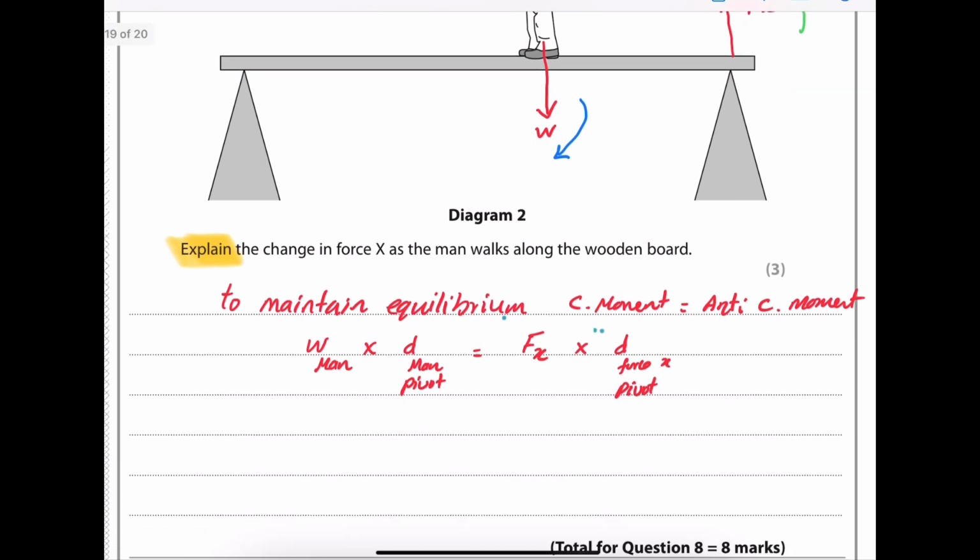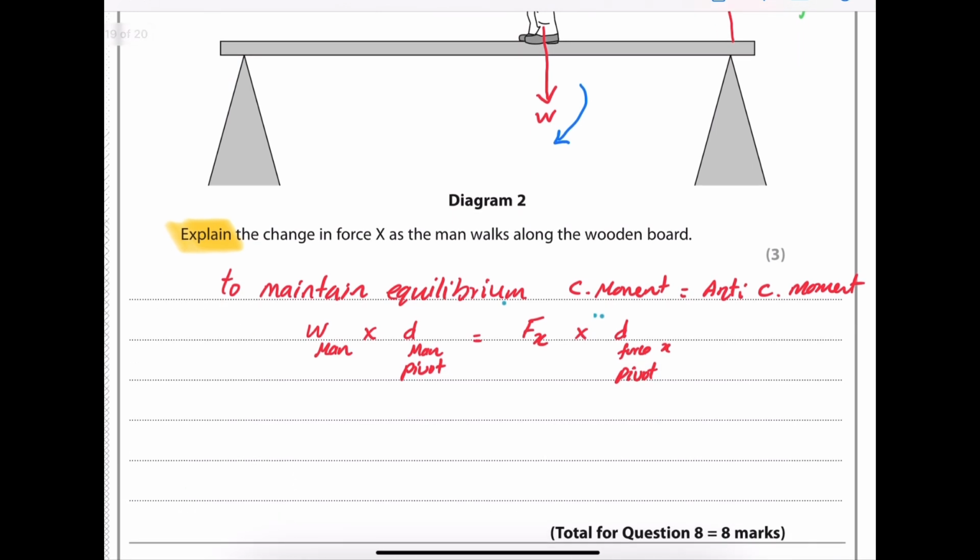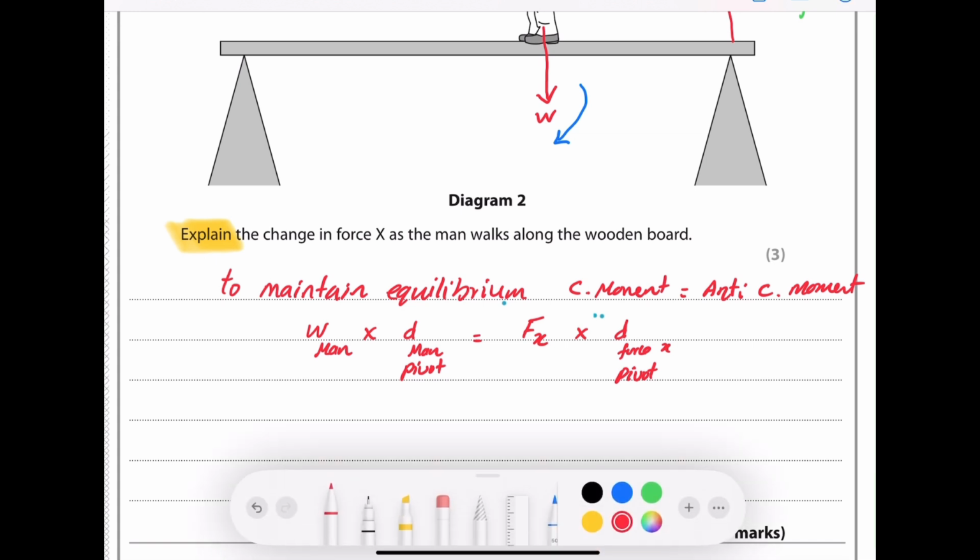Okay, I'm moving step by step. We have not finished completing the answer yet. I know the weight is constant, but what did I do? The distance between the man, or the line of action of the weight, and the pivot now decreases.